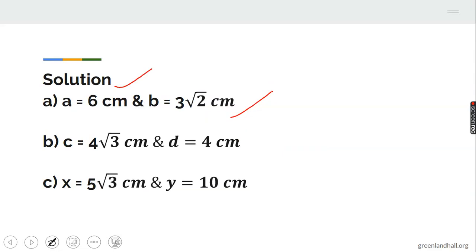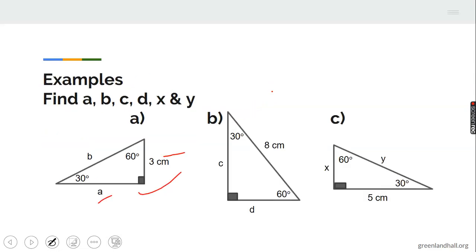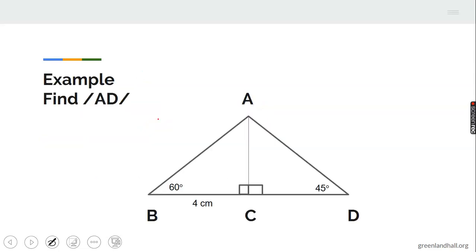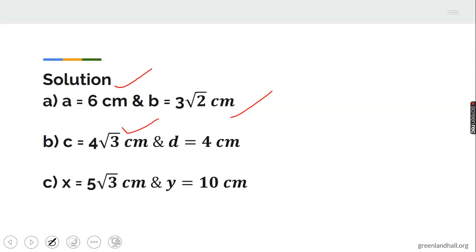Similarly, in the second diagram, we can as well use sine or cosine to get C and D. And we have it as follows. C is 4 root 3 and D is 4 centimeter.